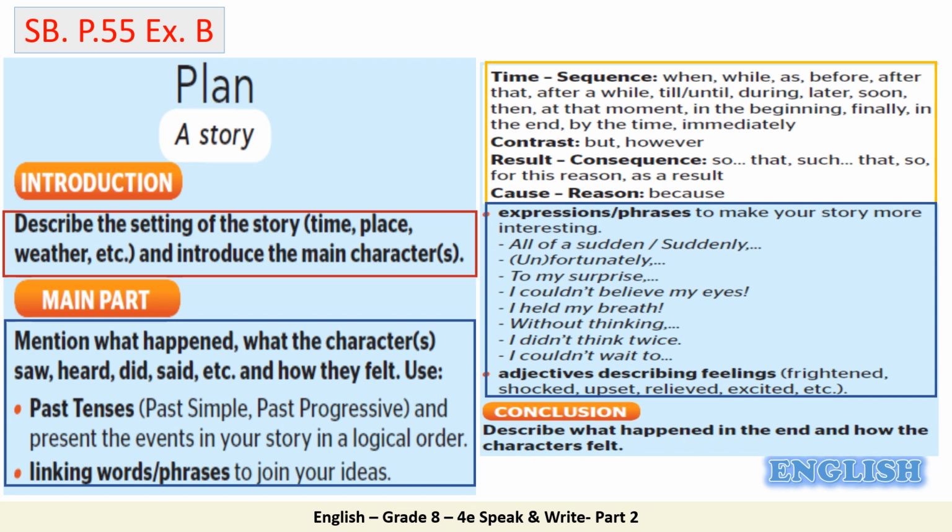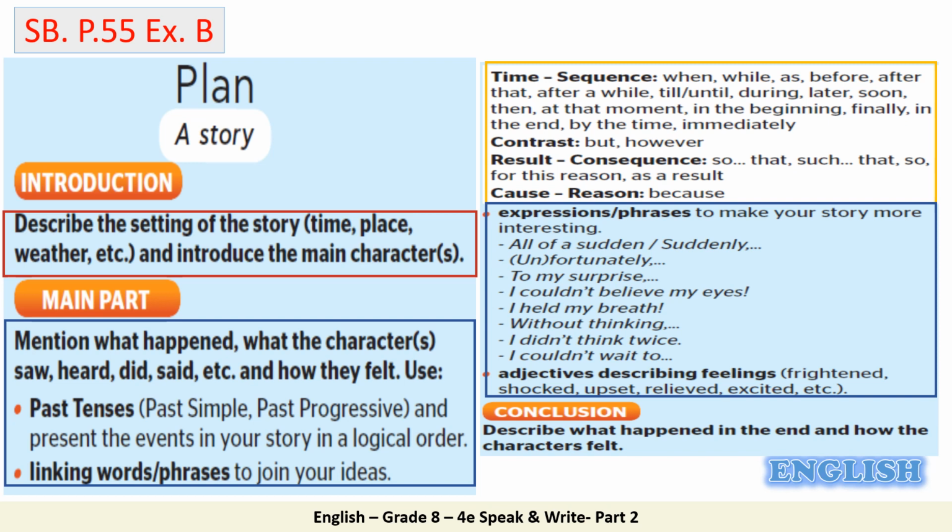Expressions and phrases that might be very useful in your writing are going to make your writing more interesting. Try using some of them, such as all of a sudden, suddenly, fortunately, unfortunately, to my surprise, I couldn't believe my eyes, I held my breath, without thinking, I didn't think twice, I couldn't wait to.